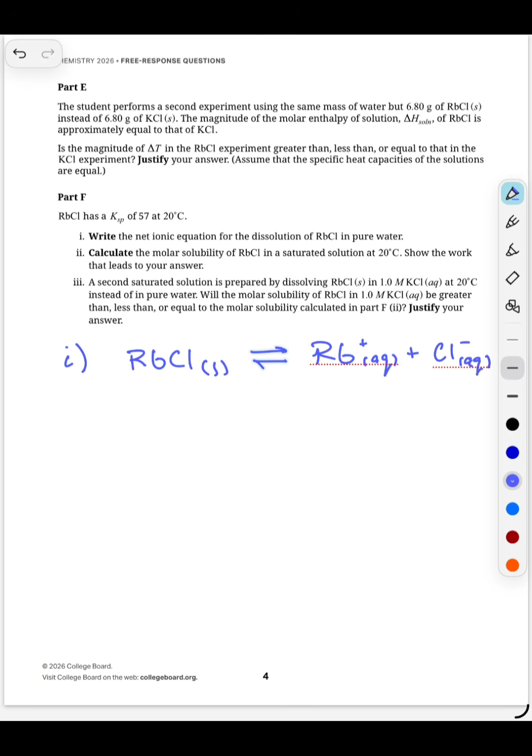And so those would be the respective charges, and then that is our net ionic equation. Even though this is reversible, I'm pretty sure you could just write it going in the forward direction. And then you get your separated ions, boom, because water doesn't really play a role in the net ionic equation here.